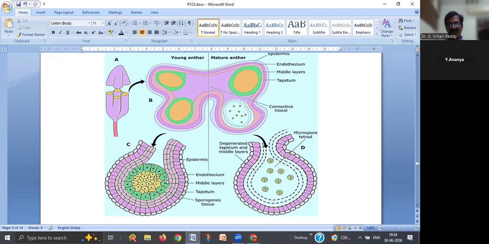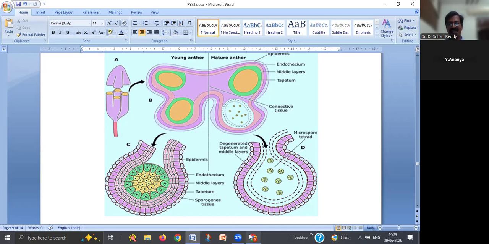There is a specific character about the tapetum. Usually in other cells we find a single nucleus, but in the tapetum we usually find 2 nuclei. Sometimes a polyploid condition is also observed, and dense protoplasm is also observed in the tapetum.